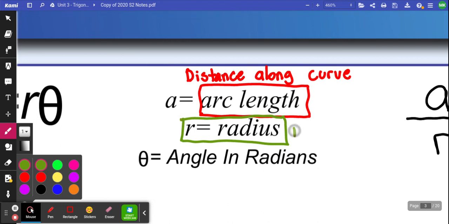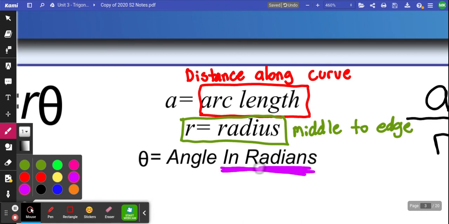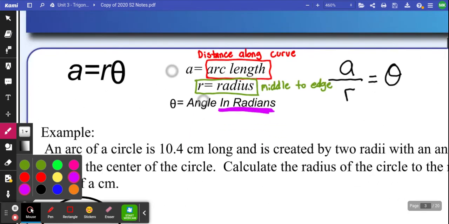Radius would be from the middle to the edge. And then theta is the angle, but in radians. Okay, you have to be in radians. There's no doing in degrees. Perfect. This will help us do some calculations.